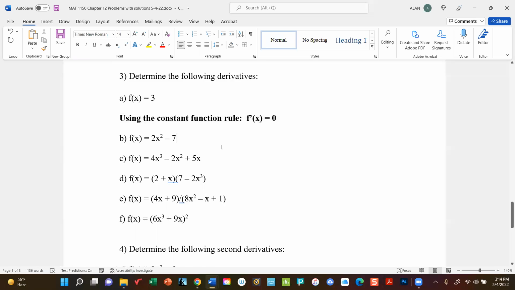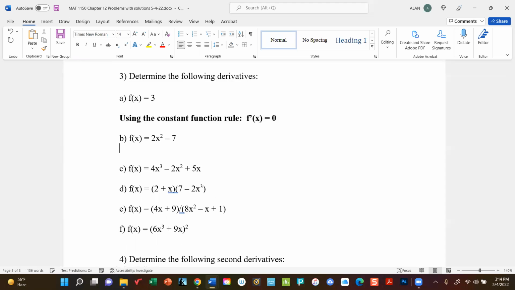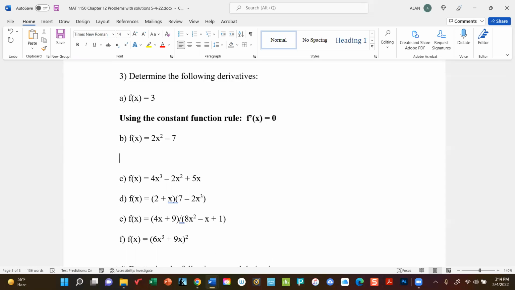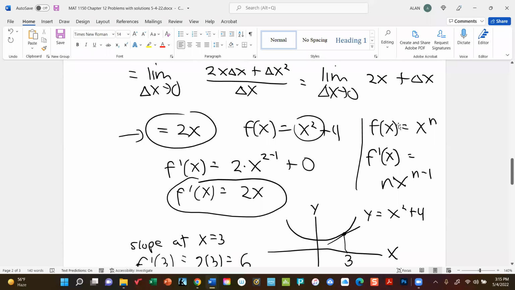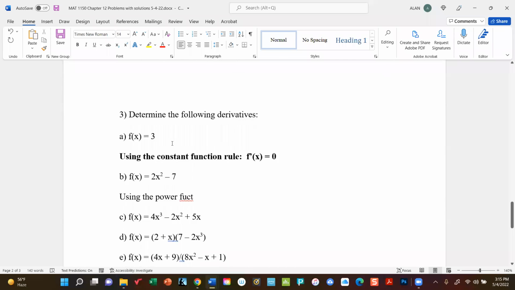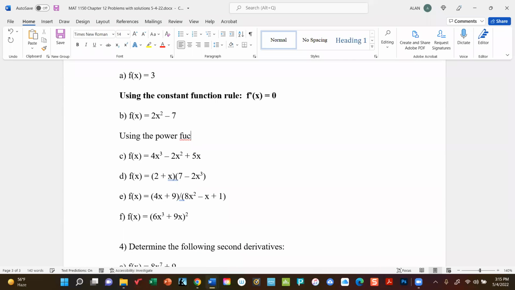Okay. Now, for this next one, we're using the so-called power function rule, which we just used a minute ago up here. This one is a simpler version of the power function rule. And so the way it works, let's just review that one more time.